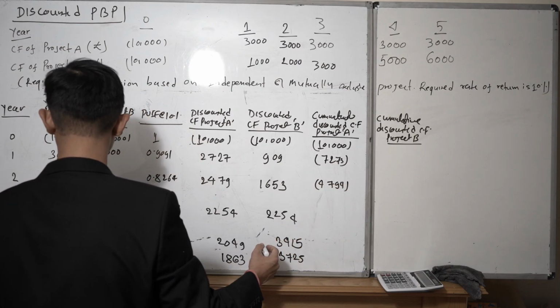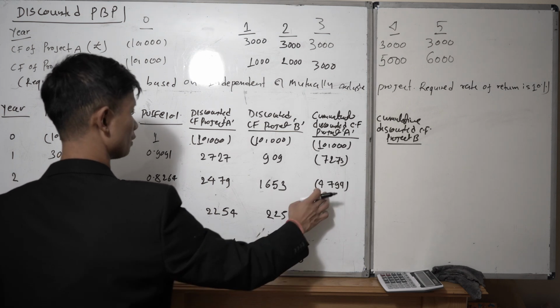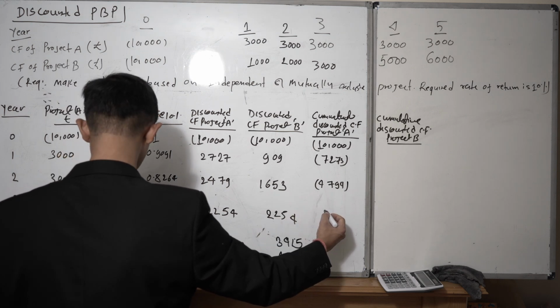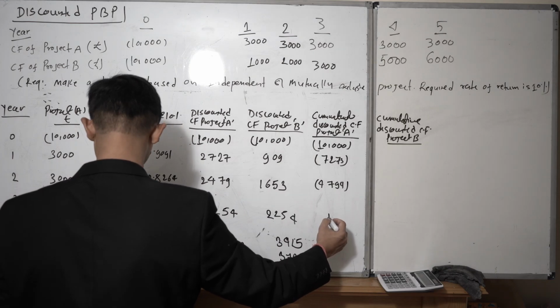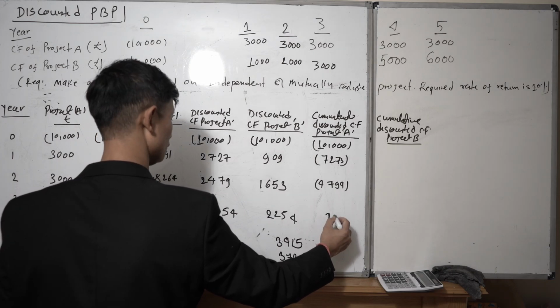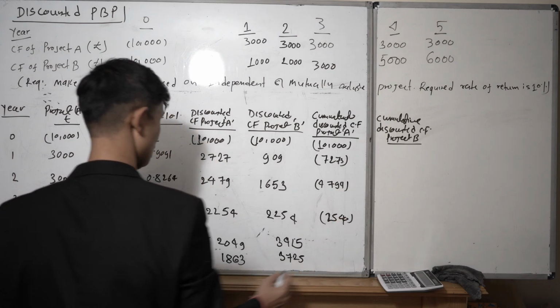Then year 3, if you deduct 2254 from 4794, we get minus 2540.